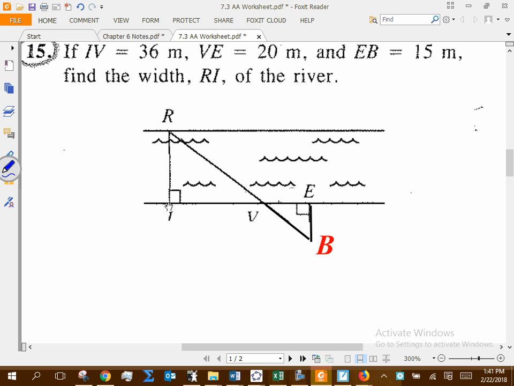Yep. Then you're going to walk an arbitrary distance from I to V. Does not matter the distance. But you want to make it something that's not ridiculous. You don't want to walk 2 miles, and you don't want to walk 7 inches. So here they walked 36 meters. Not a terribly large number, not a terribly small number.